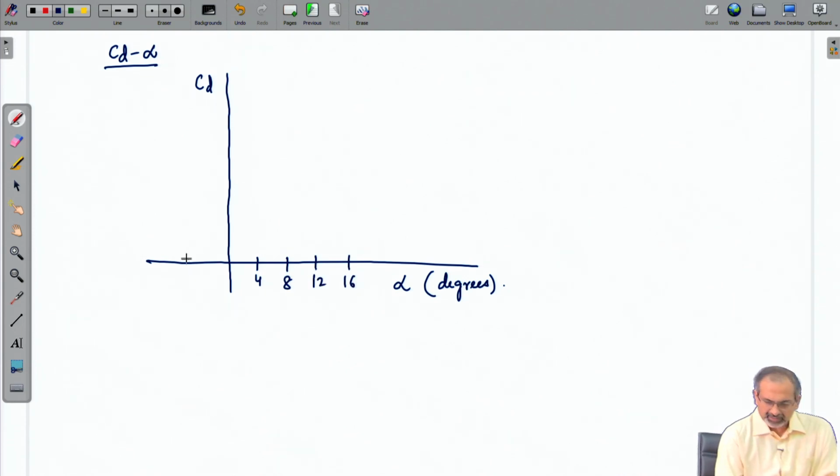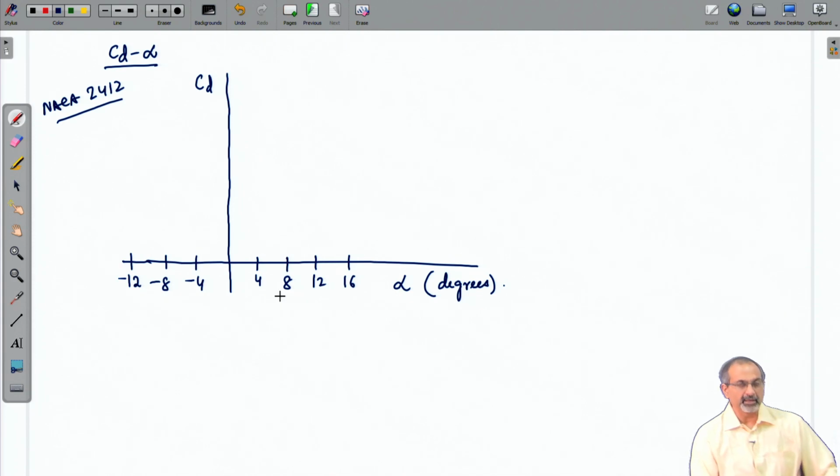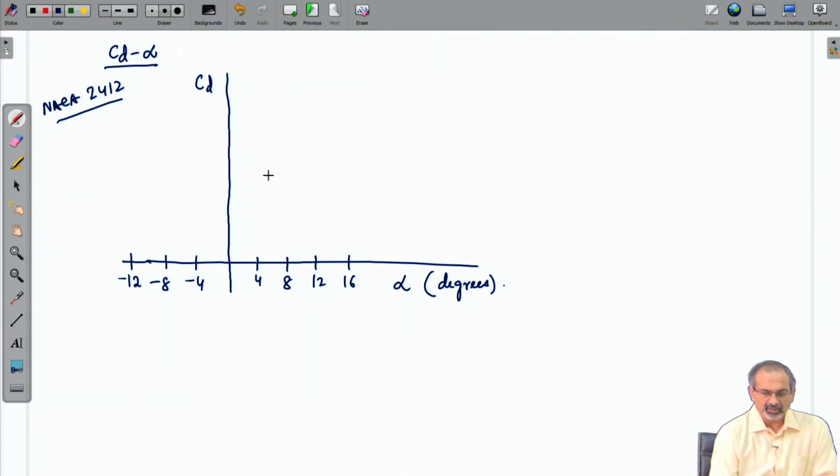These are typical angles which are taken from some standard airfoil data. We are referring to the NACA 2412 data. You are already aware of the airfoil nomenclature. So, you would be able to identify what the numbers 2412 mean.